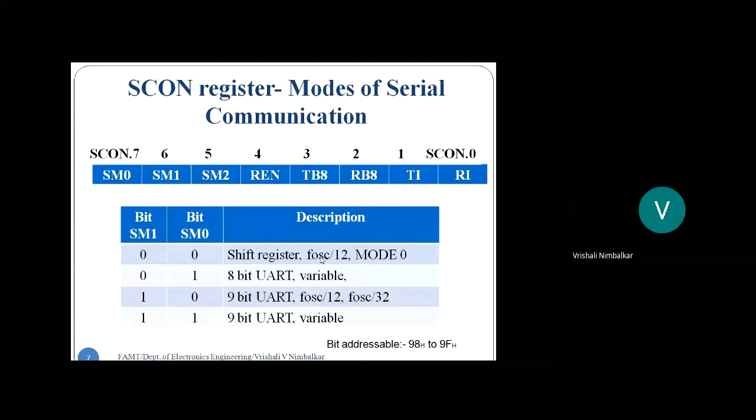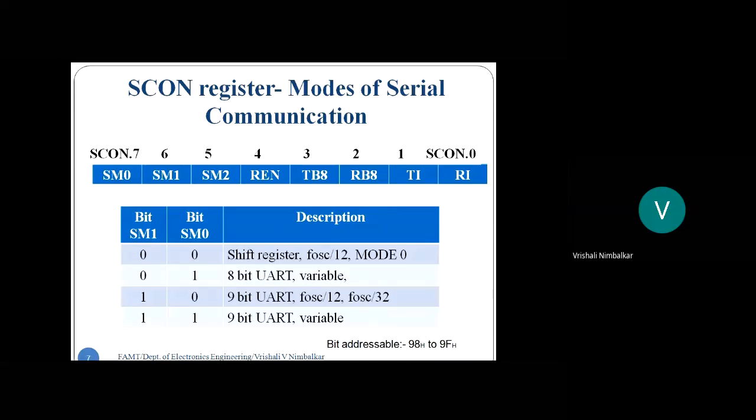And at what frequency does the communication happen? It is F oscillator divided by 12. So if it is a 12 megahertz crystal oscillator, the synchronous serial communication happens at 1 megahertz. And that's the limitation. There cannot be any other frequency. The synchronous serial communication should happen at 1 megahertz compulsorily.